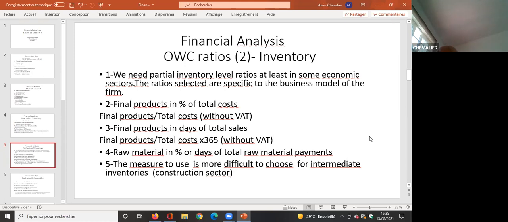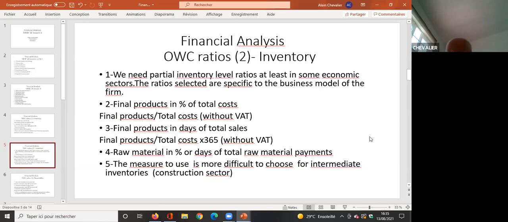So I said here 2 or 3 important things on that. First, for final products, it's quite easy. You can calculate the ratio of final products as it is valued in your accounting system, in your inventories. You find it if you look at the detailed balance sheet, and they are clearly identified, without VAT, to total costs or to total sales.